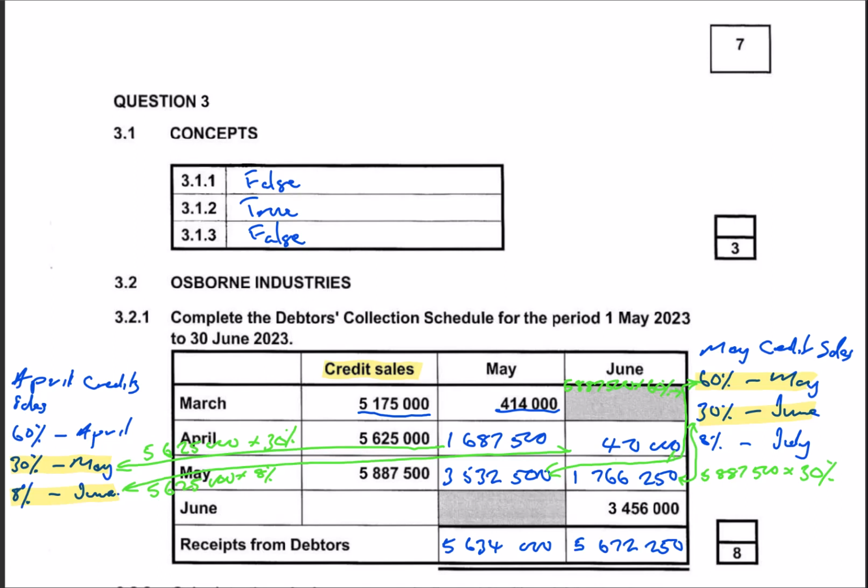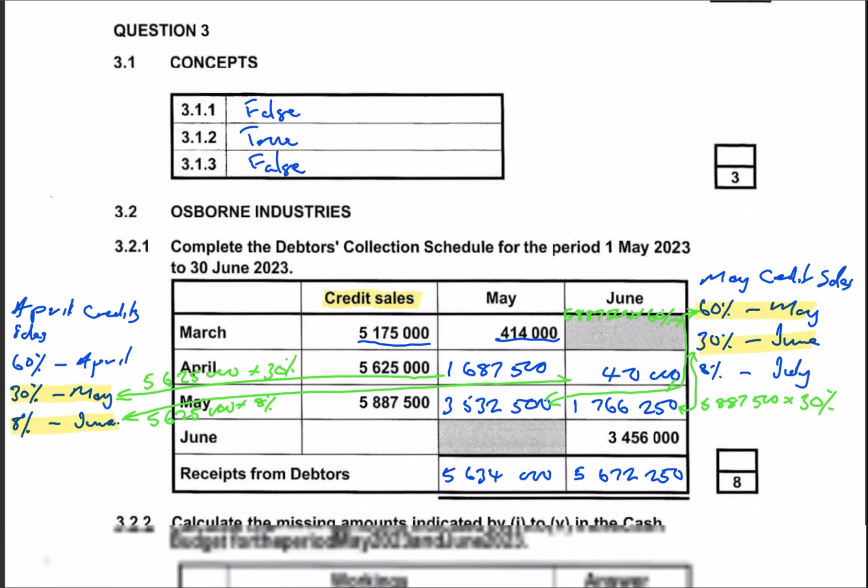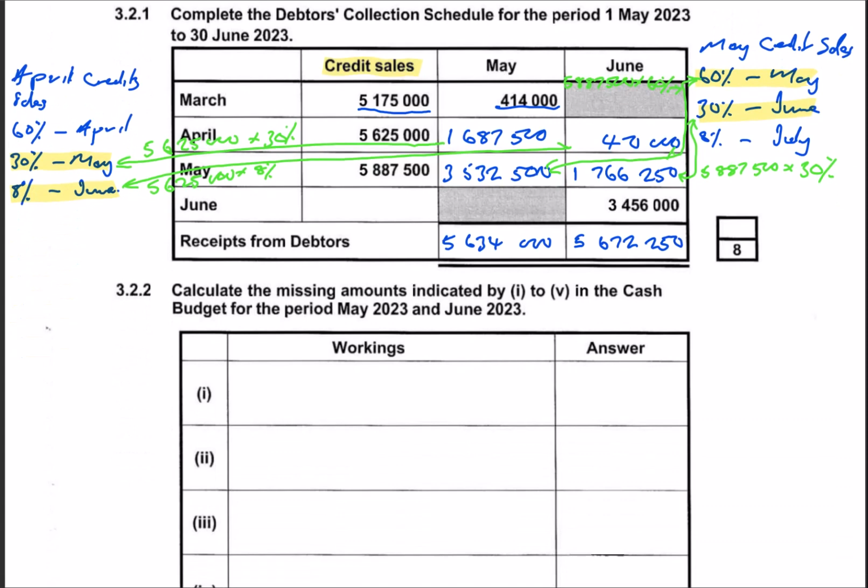This gives you this. Okay, right, just for the purpose of workings, if you wonder where I got what. And then the next question asks you to calculate the missing amounts indicated by 1 to 5.